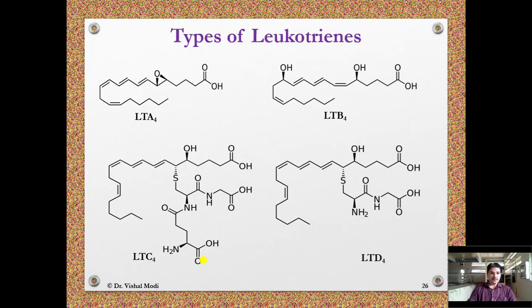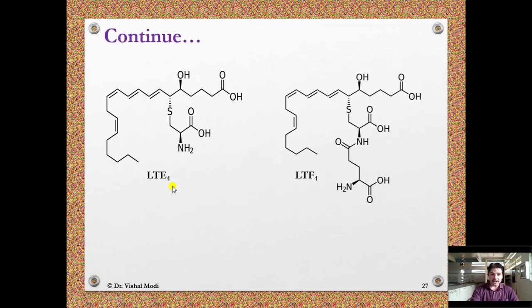Types of leukotrienes: leukotriene A4, leukotriene B4, leukotriene C4, leukotriene D4. What is the difference between leukotriene C4 and D4? Glutamic acid is absent in leukotriene D4. Then leukotriene E4 and leukotriene F4.